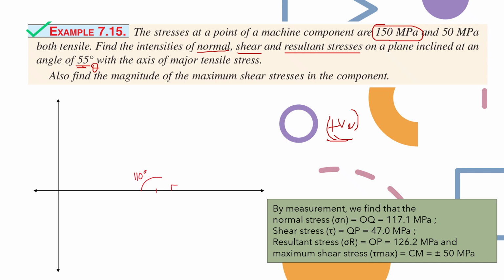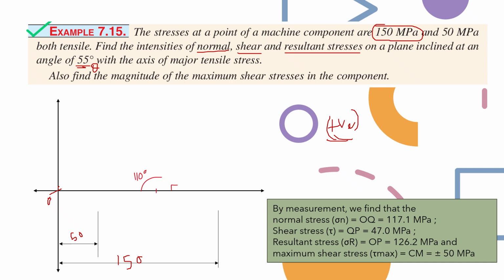So we have to determine this value, 50, at a distance from the O point. Then this is 150. Now we have to determine the center point. We know that the center point will be 150 minus 50 divided by 2.